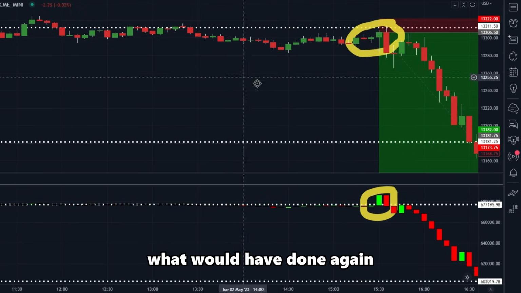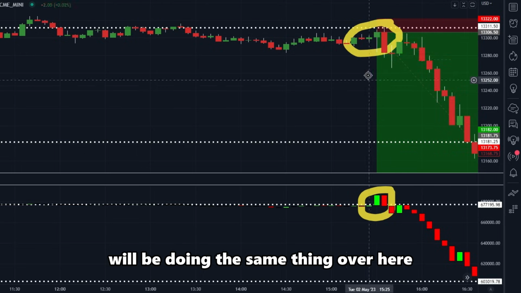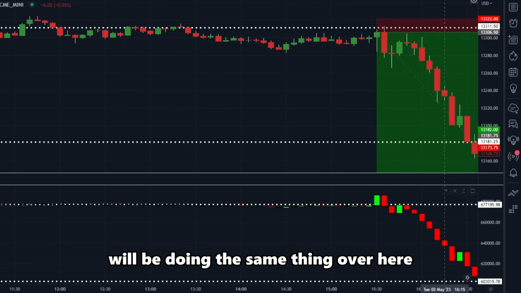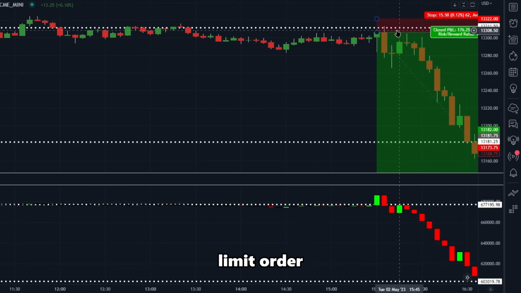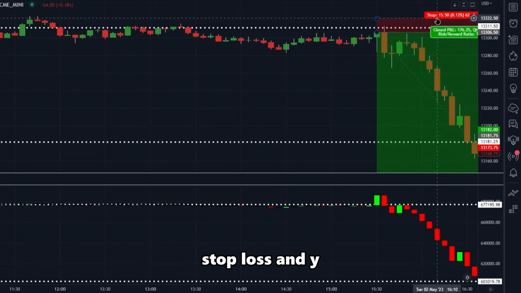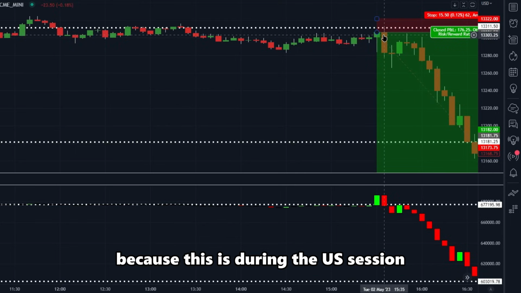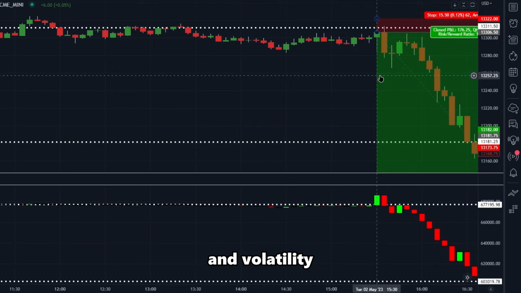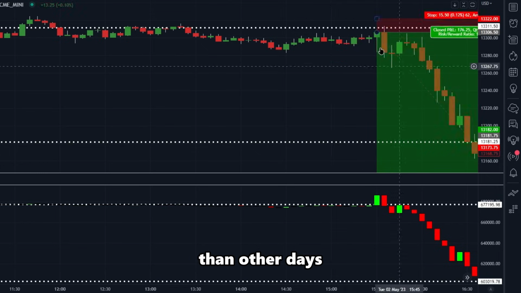So here, after that high, look what happened. What we would have done, again, as I explained for the long position, with the short position we'll be doing the same thing. Over here, at this level, we would set our limit order at around 1308, okay? 15 points stop loss. And why 15 points this time? Because this is during the US session, and volatility was relatively higher during this day, as you can see, than other days.